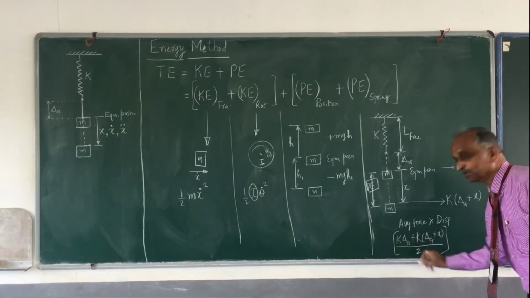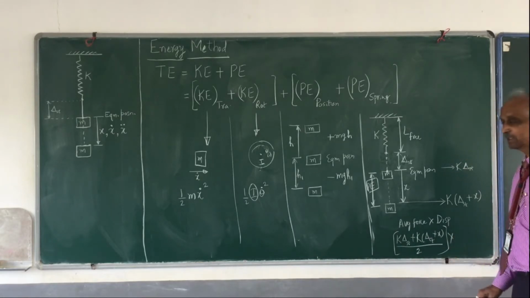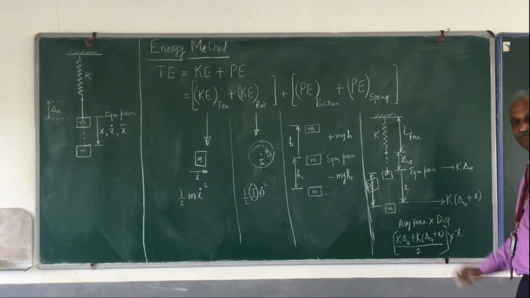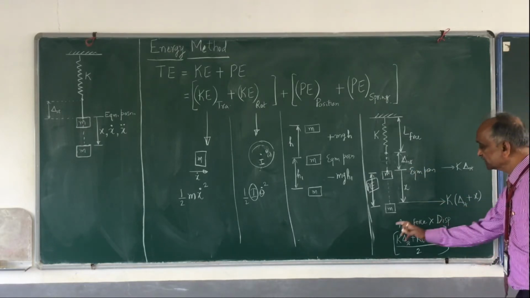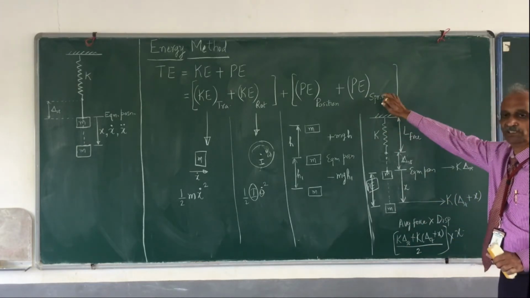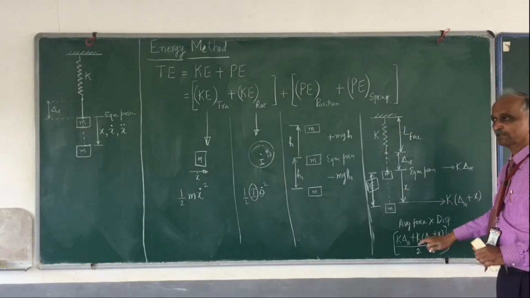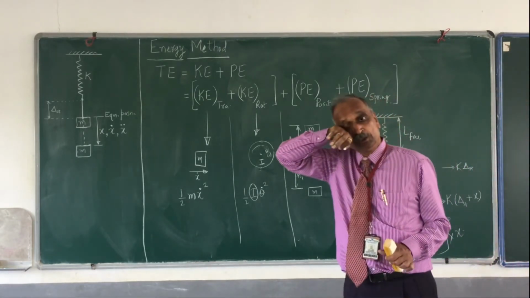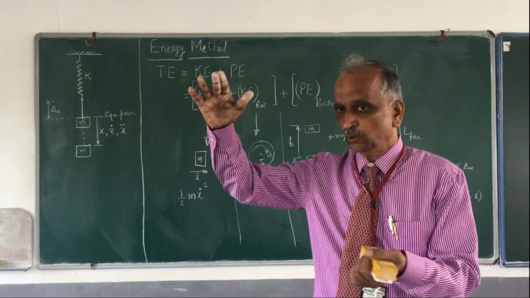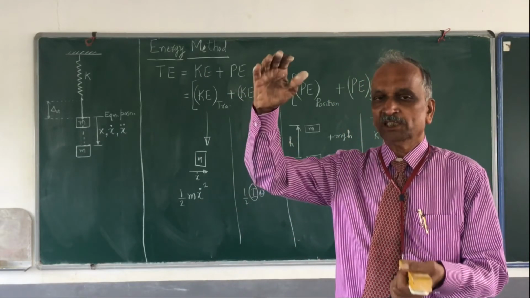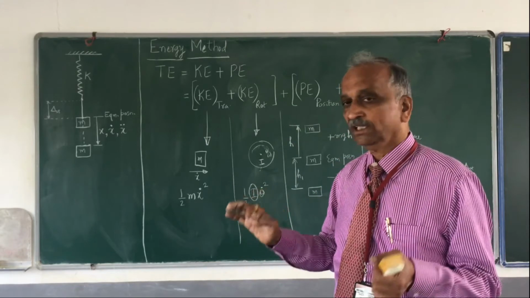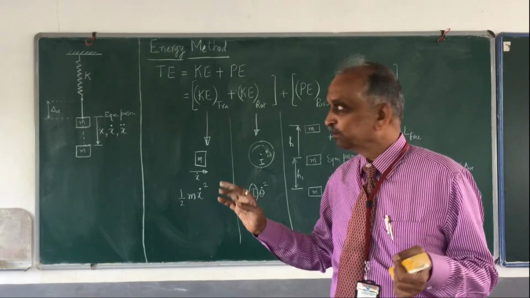Multiplied by the displacement, which is x. So this is the energy stored in the spring, which we call the potential energy. How do you calculate the potential energy stored in the spring, or the energy change in the spring? It is the average force between the two positions multiplied by the displacement between those two positions. That will give us the energy change due to potential energy.